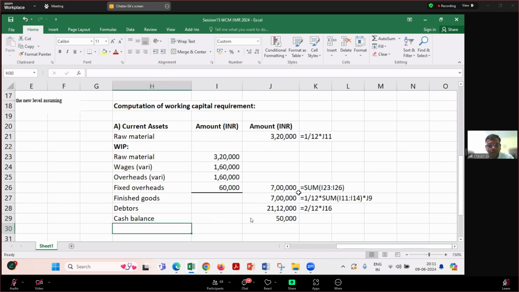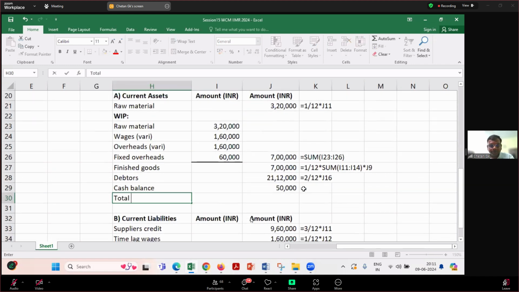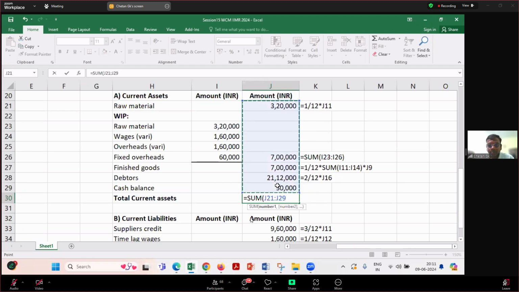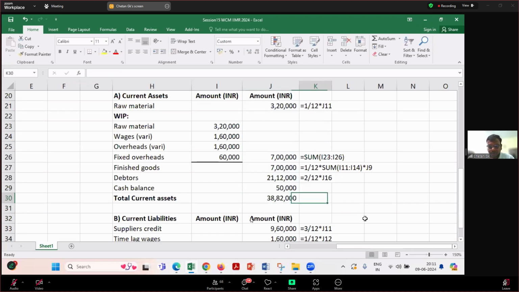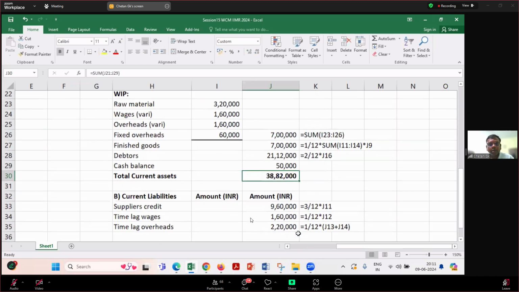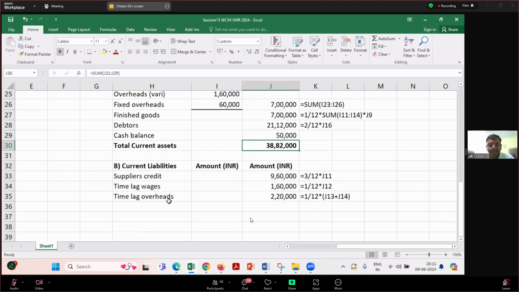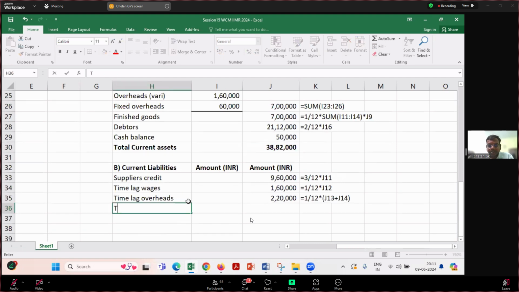So now can you tell me how much is the total of the current assets? Sum it up. This is the total of the current assets and the total of the current liabilities.